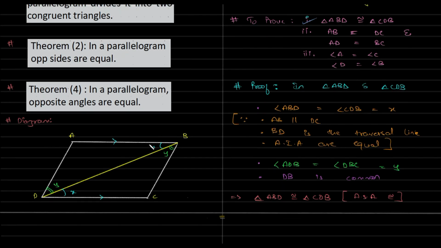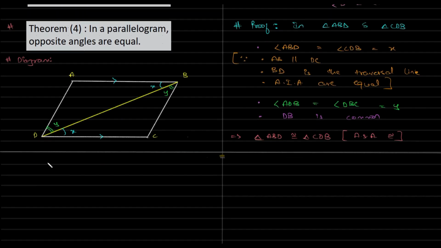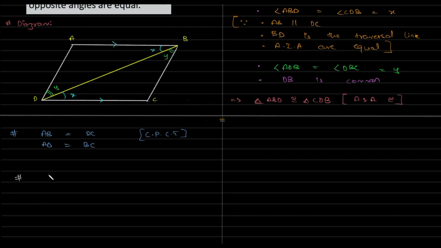What about the second and third? Since this is true, AB is equal to DC, then AD is equal to BC by CPCT. And also angle A is equal to angle C. This too is by CPCT, right?